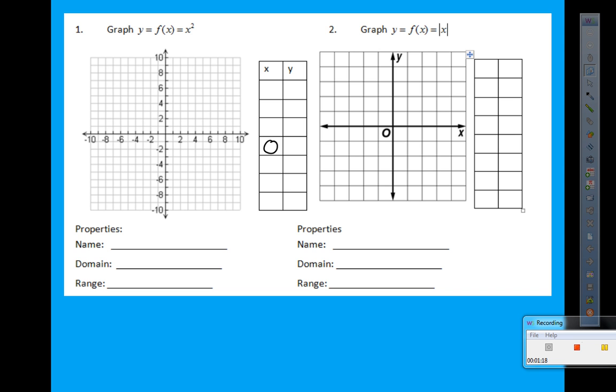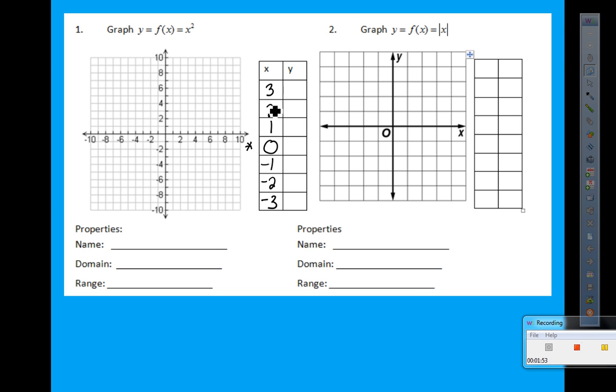And then here's what we're going to do every time. We're going to generate 7 points so that we can graph this thing. So from this 0, I'm going to add 1, add 1, add 1. And from that 0, I'm going to subtract 1, subtract 1, subtract 1. Now the rest of this is just calculator stuff or brain stuff.